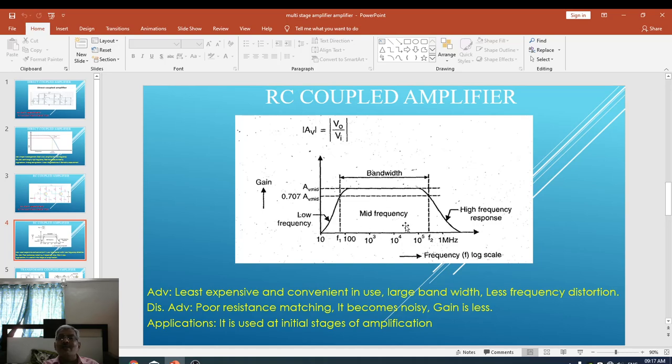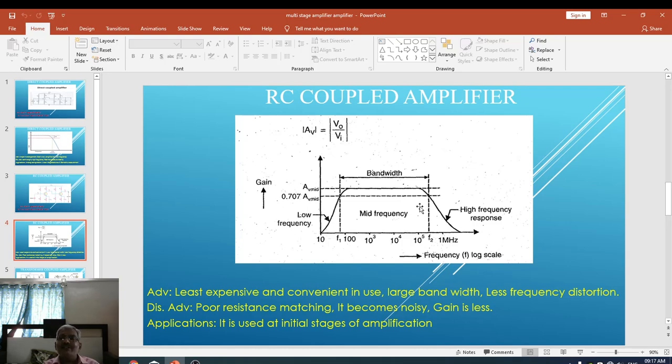Here, the voltage gain remains constant because in this frequency region, the opposition to the input frequency by the coupling component and also the emitter bypass capacitor is such that they keep the gain constant.